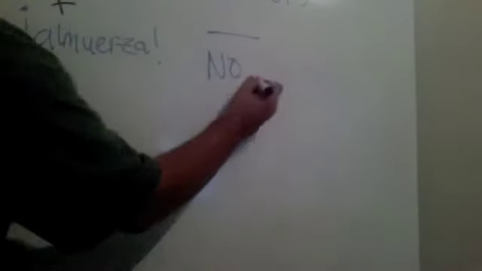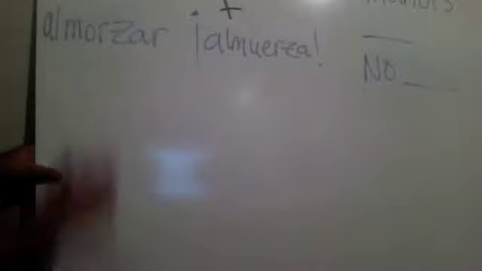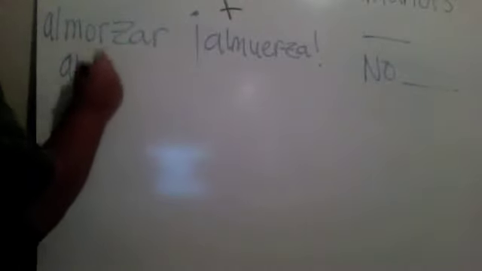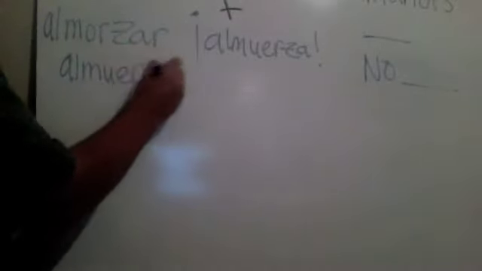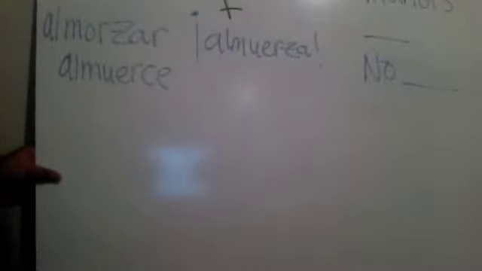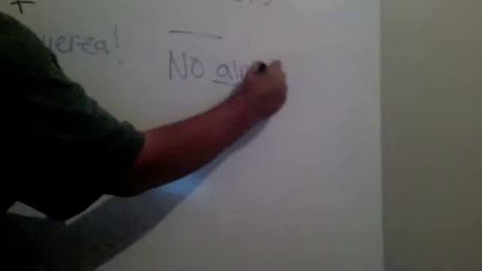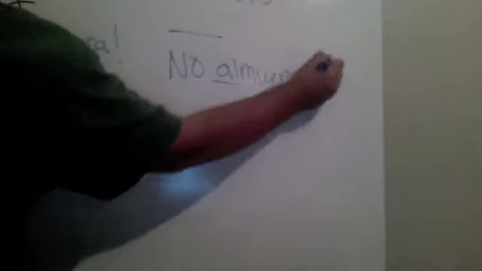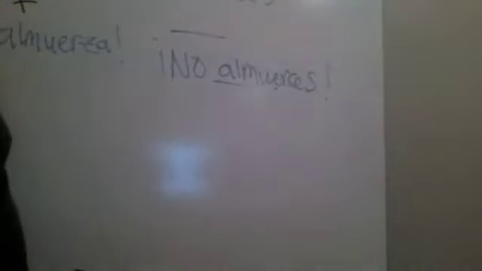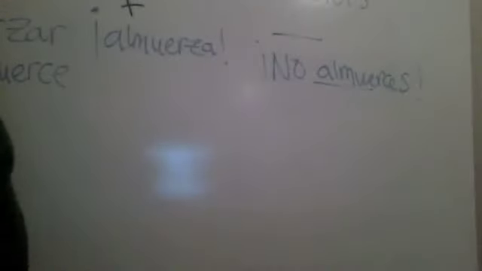You haven't eaten all day. Have lunch. Almuerza. You've eaten too much today. Don't have lunch. No. Your usted command is going to be almuerce with a C. No almuerces. You attach your S and there's your command. Your negative tu command. No almuerces.